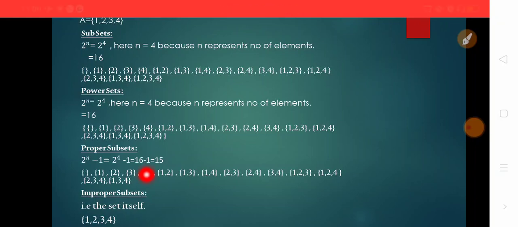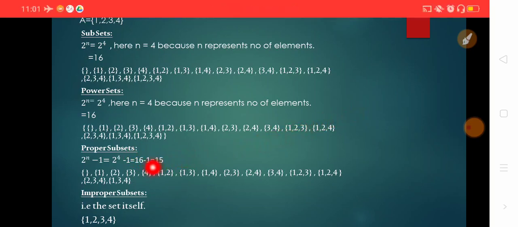If I write here the last set {1, 2, 3, 4}, then this is not a proper subset. What is the definition of proper subset? All the elements of set A are present in set B, but set A is not equal to B. It means that there must be some other elements in set B other than the elements in set A. Now improper subset.